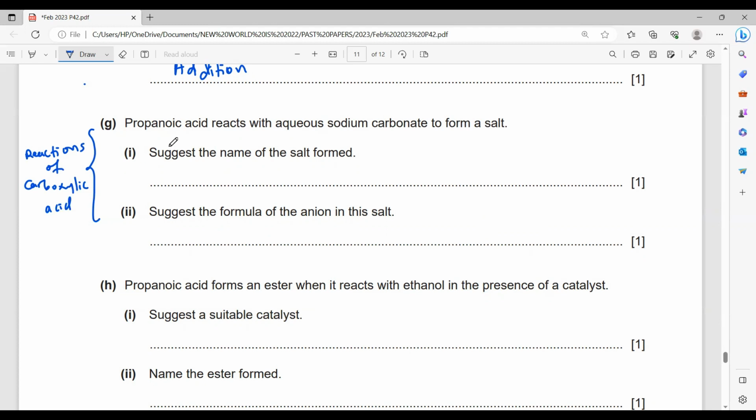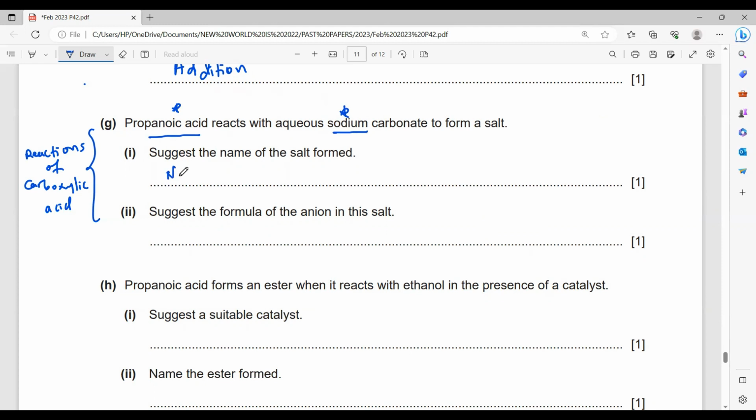That's what they're testing you on. So, just the name of the salt formed. The salt is usually the metal combined with the anionic part of the acid, the anionic part of the acid. So you're going to check on this too.